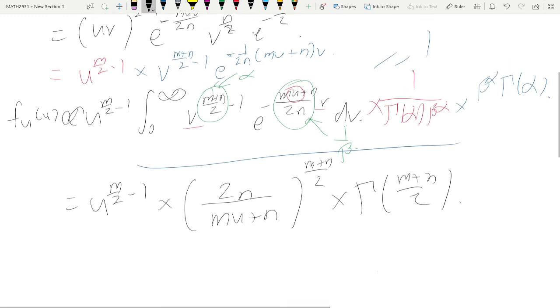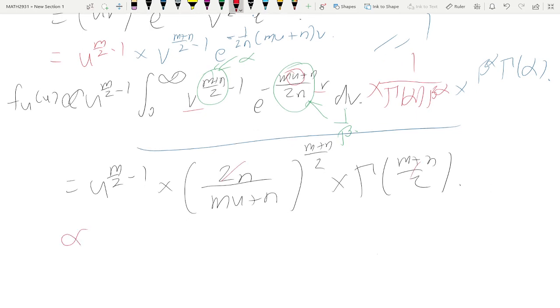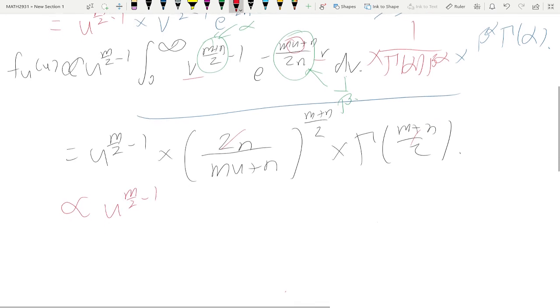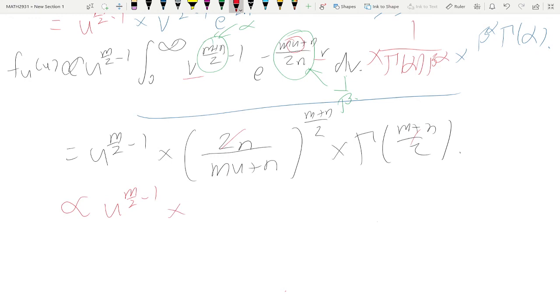Now you just want to focus on the parts that depend on u, because those are the most important parts in the PDF. You can see that this thing doesn't, so you can just remove it. So you get u to the power of m on 2 minus 1 times 1 over mu plus n, because this 2n doesn't depend on u, to the power of m plus n over 2.